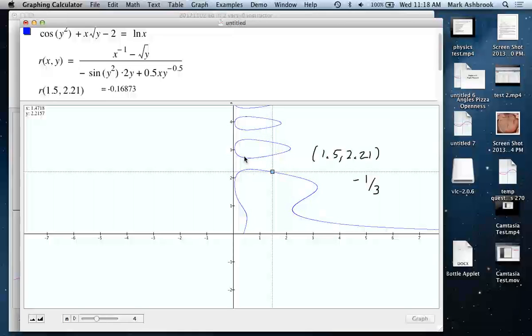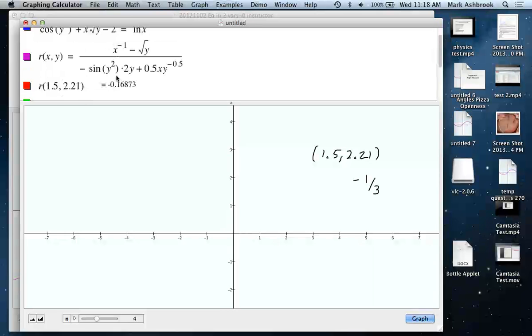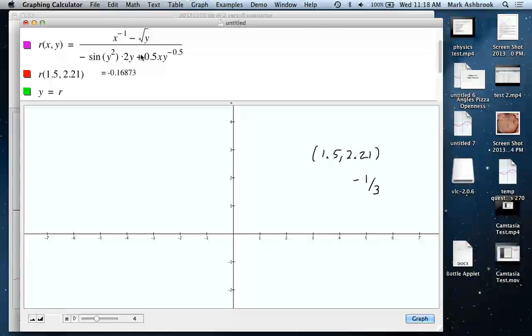Let's give it a shot. This might be scary, but we're okay. I can't do it because the rate is a function of x and y. If I do this, we're going to get a three-dimensional graph.